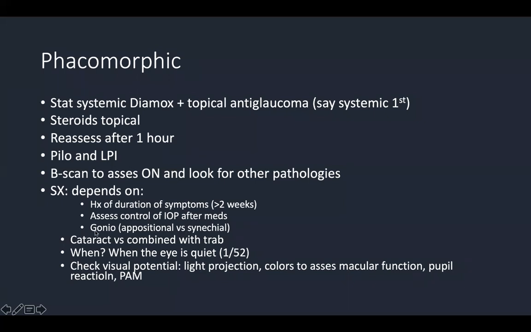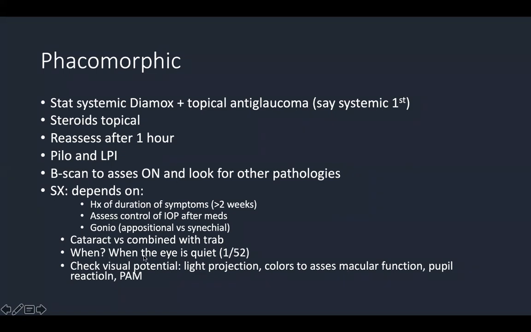If you can see the gonio and evaluate it, or even by UBM, it was clear that it is synechially closed, or the patient was complaining for a long time, then it could be combined, or most likely you would need to combine it with a glaucoma surgery.